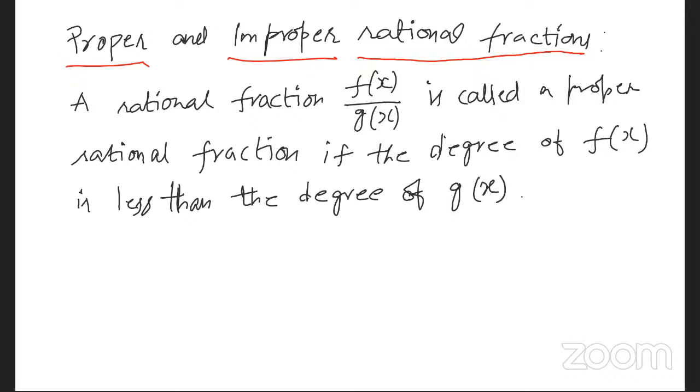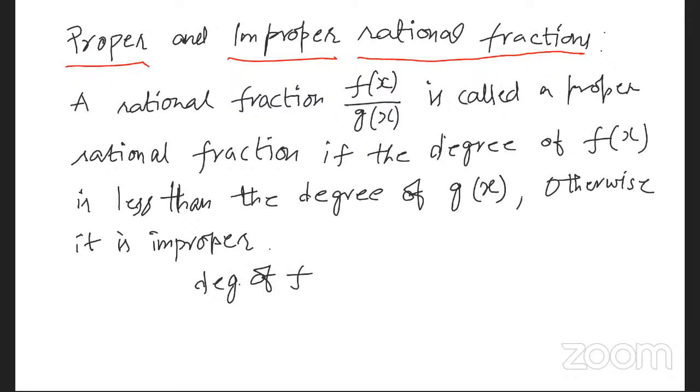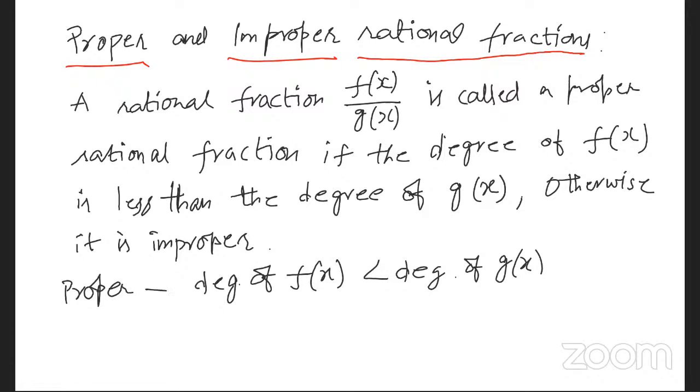We've already defined what a degree is. Otherwise, it is improper. In simple terms, if degree of f of x is less than degree of g of x, then it is proper. Otherwise, it is improper.